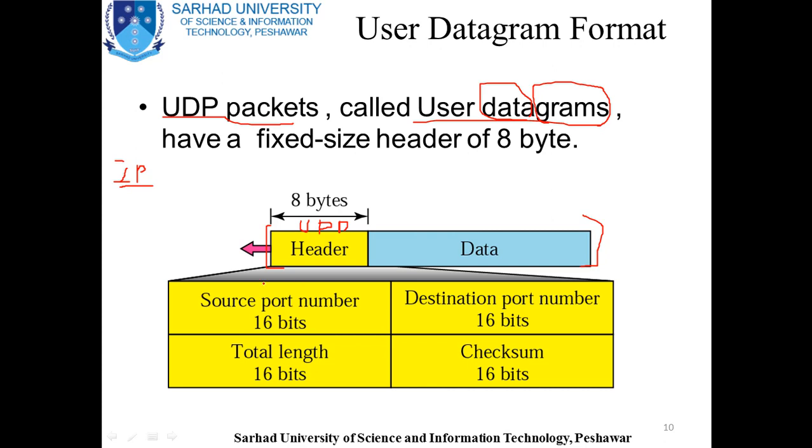So a header involves a source port number of 16 bits, a destination port number of 16 bits as well, the total length of the datagram, that is the length of the total datagram, for 16 bits, and the checksum for 16 bits. Now you can see that the first two are responsible for the flow control, and the last two are responsible for the error control.